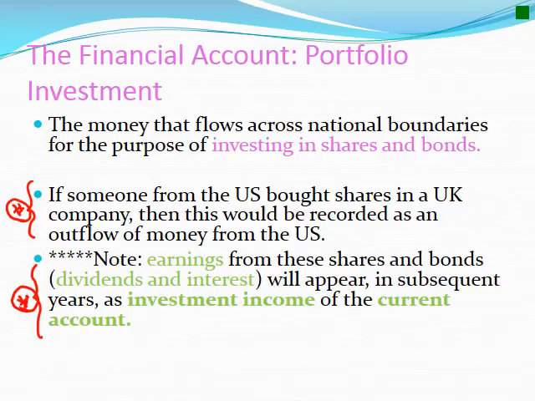But then what you earn from owning these shares, meaning the dividends and the interest, they're part of the investment income on the current account. So up here is an asset and ownership, part of the financial account. The dividends and interest are part of the current account.